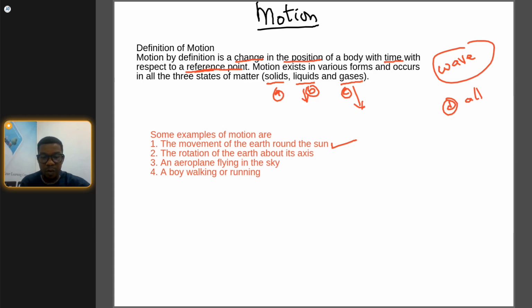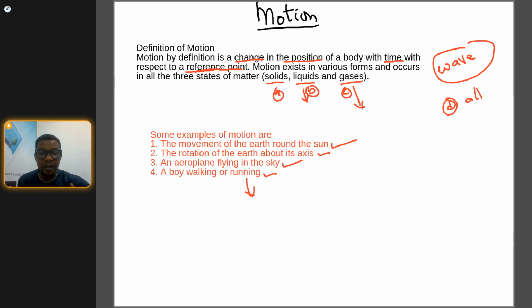We have another one that says an aeroplane flying in the sky. So this is another example of motion. A boy walking or running. Starting from a boy walking or running, of course, when you are running, you follow a particular path.